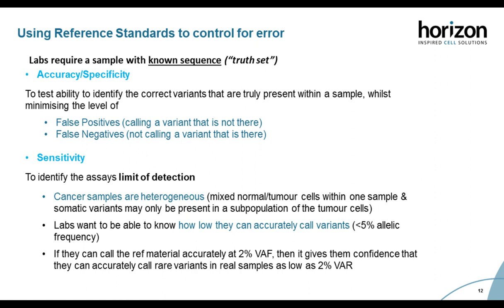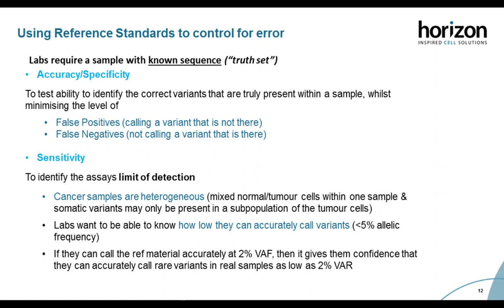False positives being the case that you call a variant that is not actually there, and false negatives being the case when you do not call a variant that is actually there. And both of these outcomes can be very impactful to real patient testing if they were to occur on a real sample.